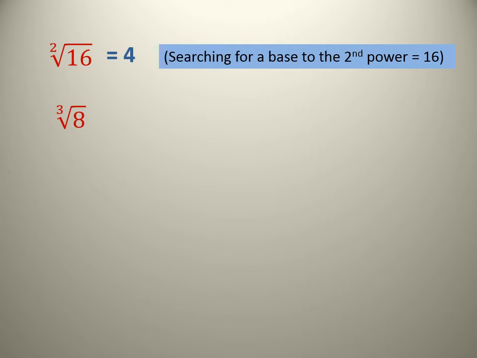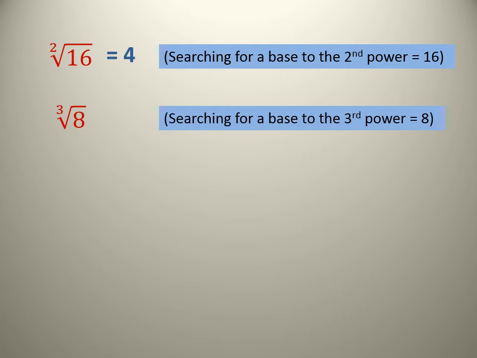Now, what about the third root of 8? We want to search for the number that, if I multiply it by itself 3 times, gives me 8. The result will be 2. The third root of 8 equals 2 because 2 times 2 times 2 equals 8.